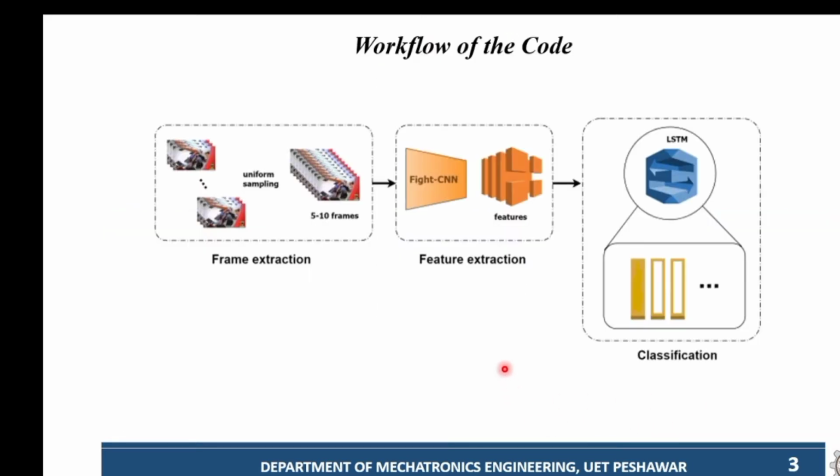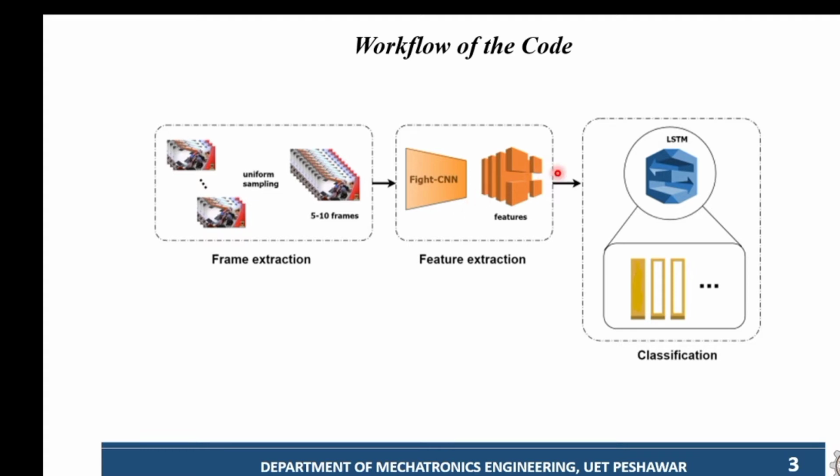Moving on to the project workflow of the code: the frames will first be extracted from the video which the camera captures while patrolling or surveilling the premises of a building. Then these frames will be forwarded to a CNN, Convolutional Neural Network, for further feature extraction and building of the model.